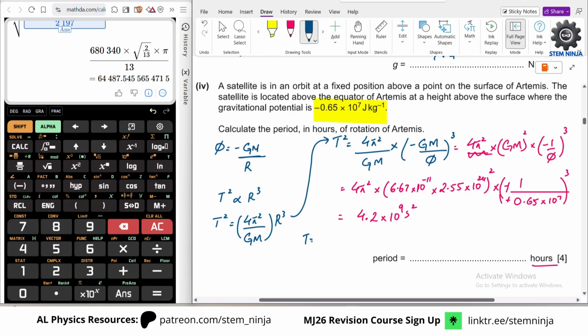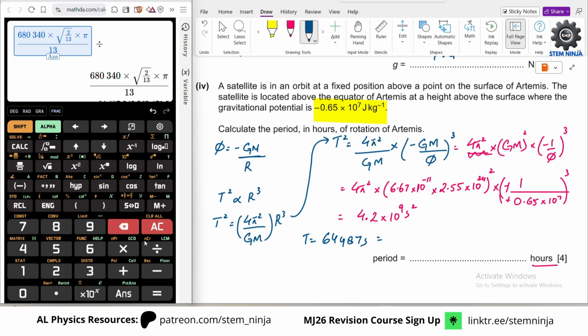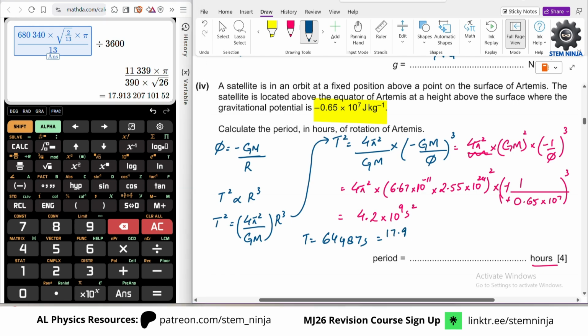So time is 64,487 seconds, which we now need to convert into hours by dividing by 3600. As you can see, this is 17.9 hours. We can convert it into 18 hours.